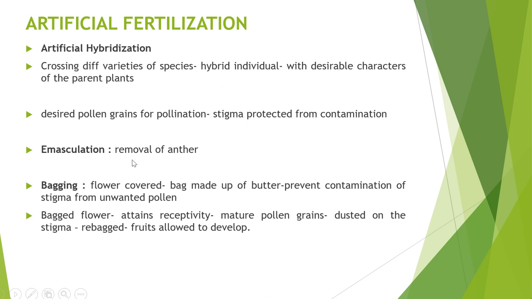Butter paper is used to cover the emasculated flower and to prevent contamination of its stigma with unwanted pollen. If we want to protect it from unwanted pollen, then we cover it with butter paper or some other bag of suitable size, and this process is known as bagging.